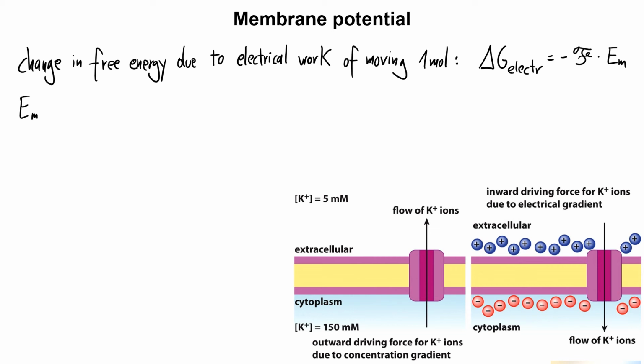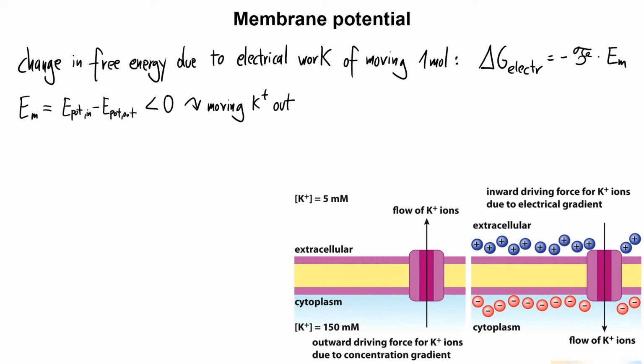That means there's a low potential there. So if I subtract a high potential value from a low potential value, then I will get a negative number, right? So EM will be negative. Take a look here. That number will actually be negative for this situation.